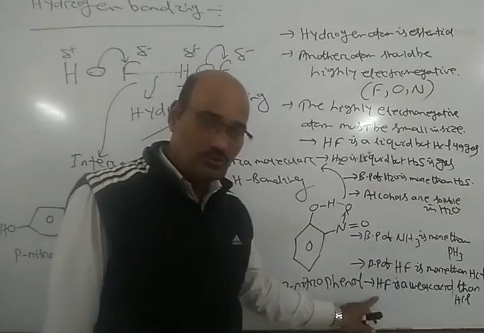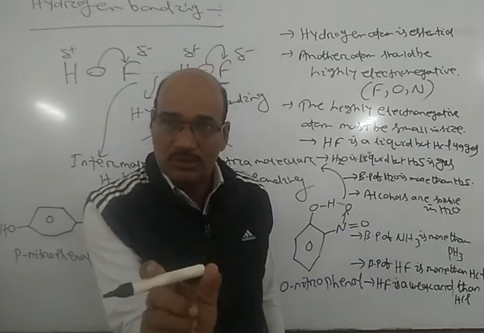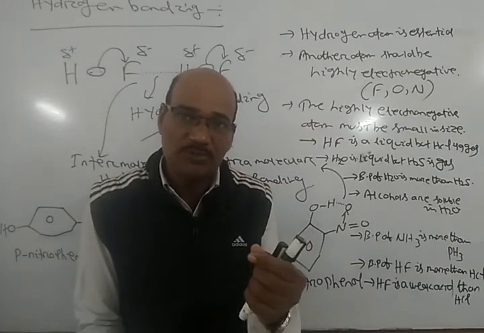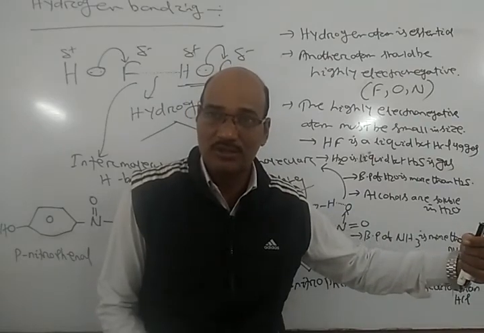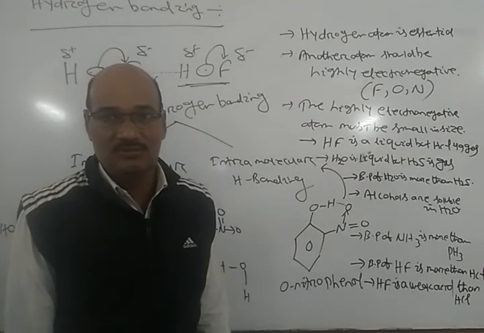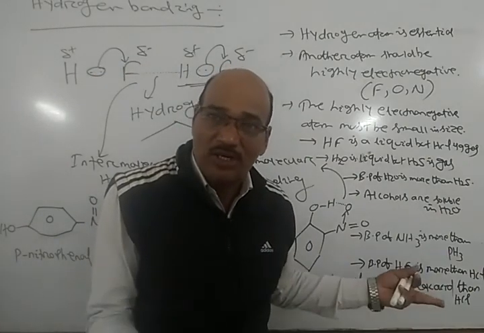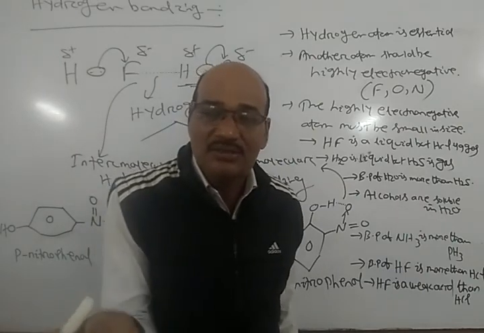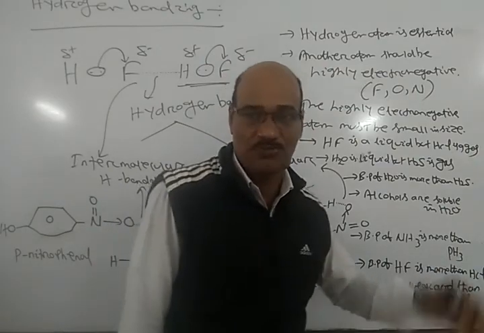In HF, due to hydrogen bonding, the H-F bond is strong. So the hydrogen atom from the HF cannot be released easily due to hydrogen bonding. That's why HF is a weak acid as compared to HCl. Because in HCl there is no hydrogen bonding, so the hydrogen atom from the HCl can be released easily. So HCl is a strong acid as compared to HF.